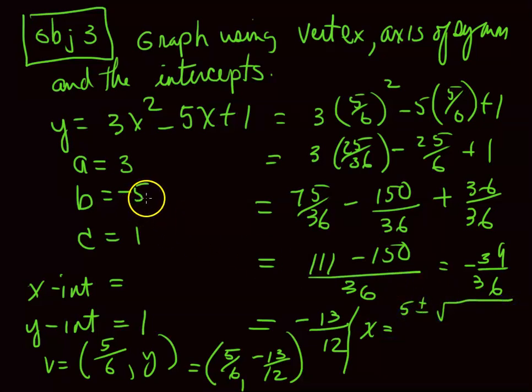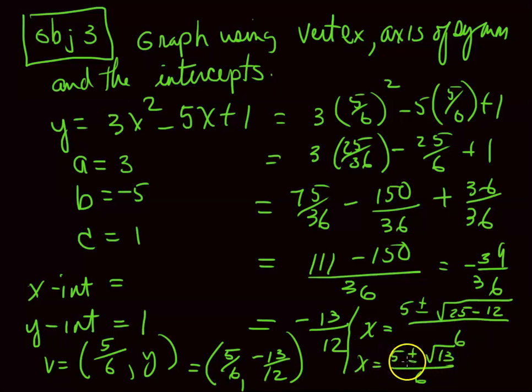B squared is 25 minus 4ac. 4 times 3 is 12, and then 1, all over 2a, which is 6. So x equals 5 plus or minus the square root of 13 over 6. Not really nice numbers at all.